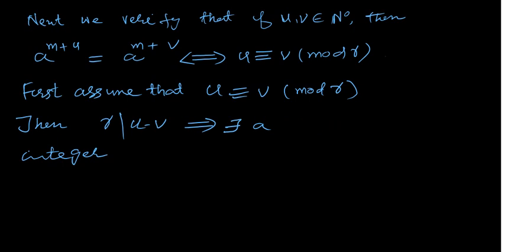There exists an integer q such that u minus v is equal to qr.